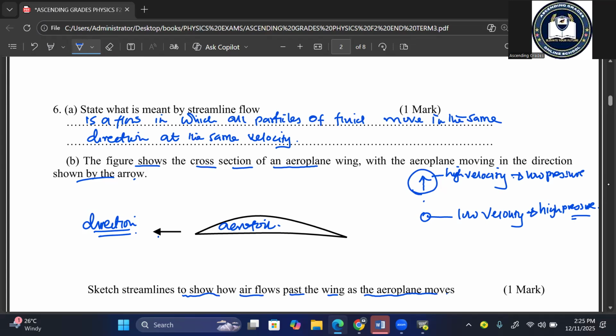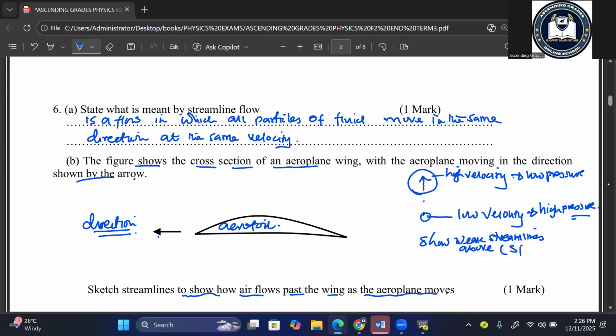So it is going to give the plane an upward move. So the moment we are drawing the streamlines, we are supposed to show weak streamlines above the aerofoil. And how do we show these ones?